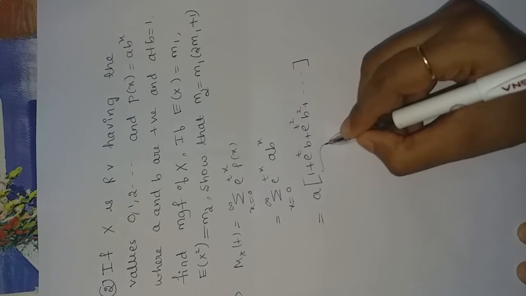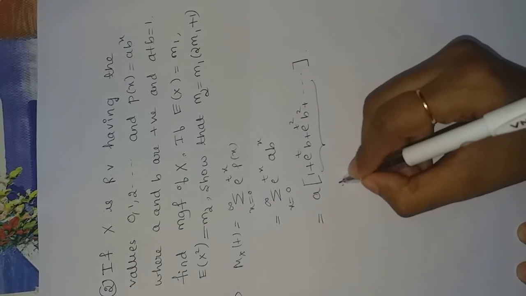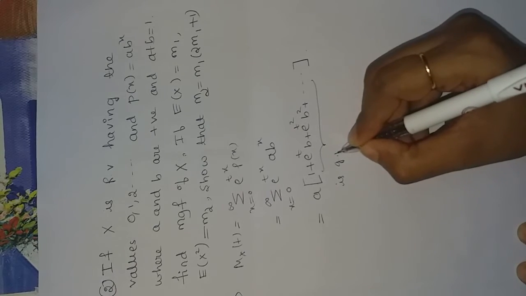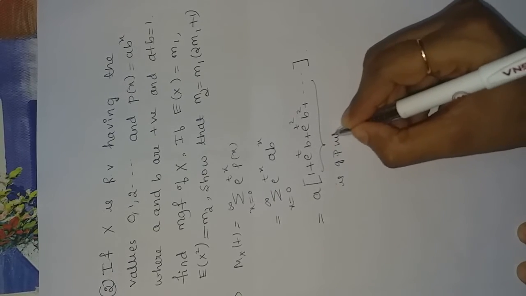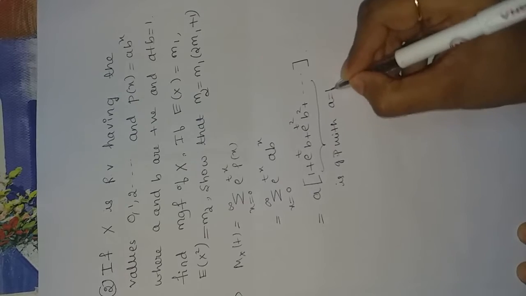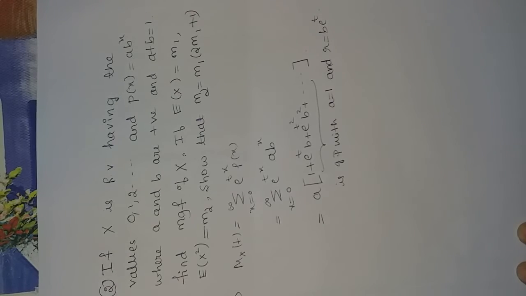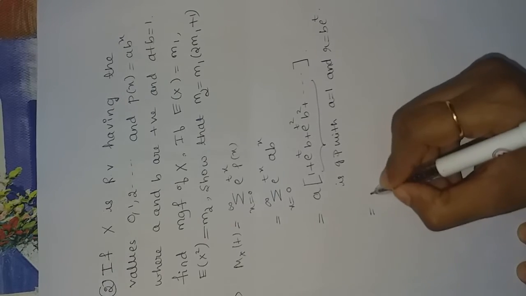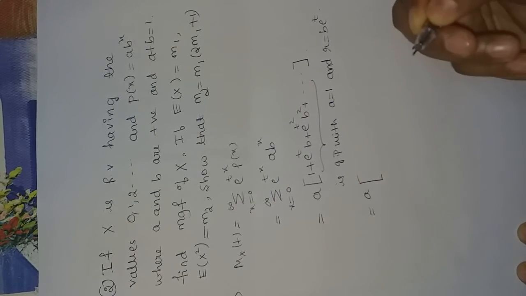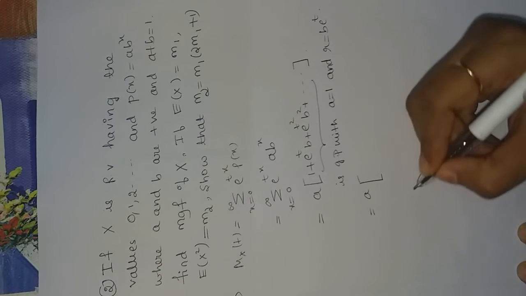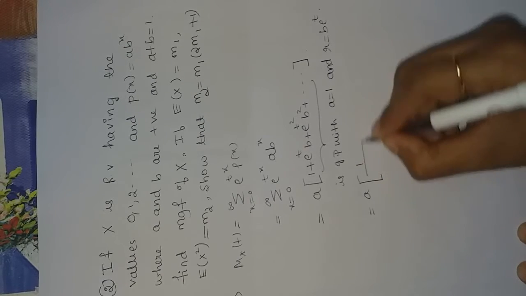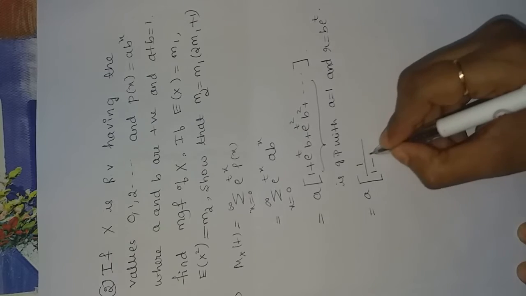So now this is a geometric progression with first term a equals 1 and common ratio r equals b into e power t. The sum to infinite terms of a geometric progression is 1 upon 1 minus r, where r is b into e power t.